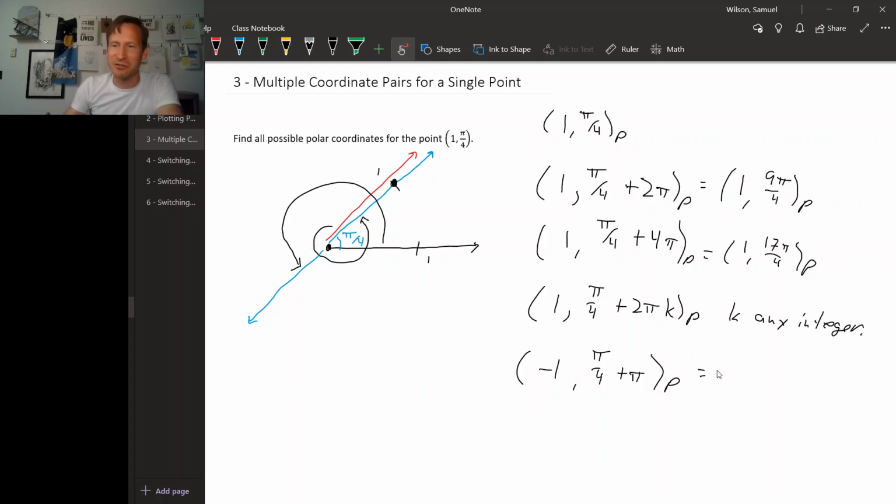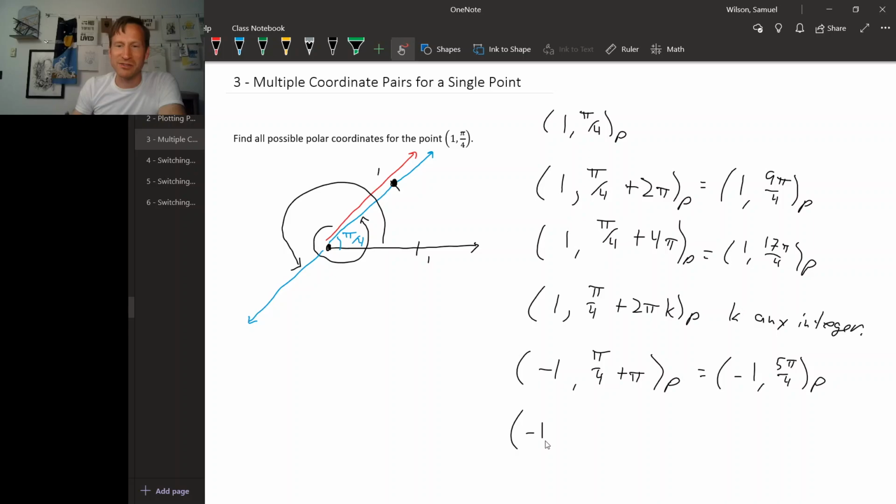And then we could do the arithmetic for the angle. So -1 comma 5 pi over 4 in polar coordinates. But, just like with all of the positive r value points, we could add any multiple of a full turn and we'd still have a valid pair of polar coordinates for this point.